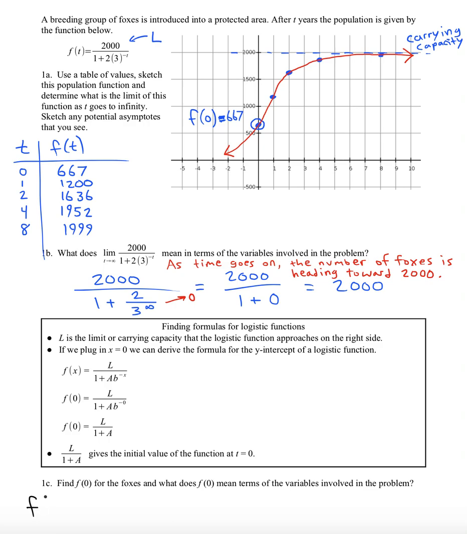We have f of t equals 2,000 over 1 plus 2 times 3 to the negative t. So we want to find f of 0, by plugging in a 0 for t.